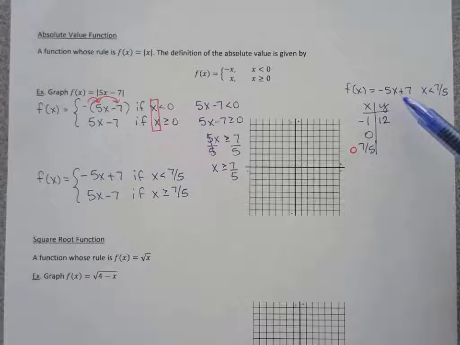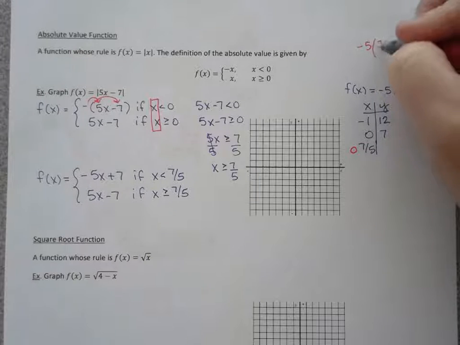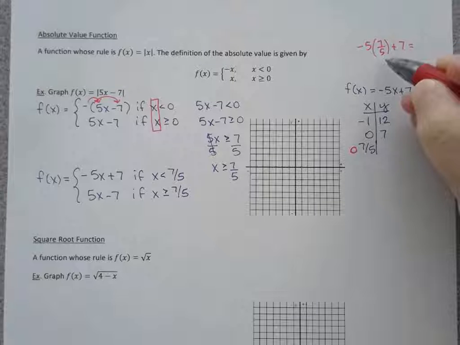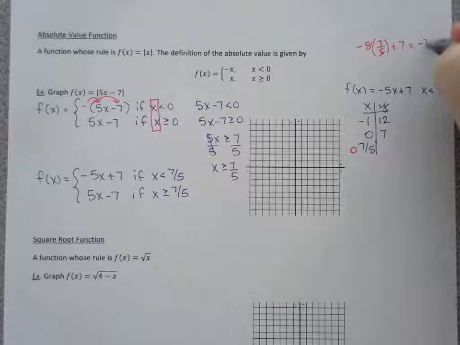Negative 5 times 0 is 0, plus 7 is 7. And then 7/5. Let me write this because I know it's a fraction. We get nervous with fractions. Negative 5 times 7/5 plus 7. What happens to the 5? Cancels, and so we have negative 7 plus 7, which gives us 0.